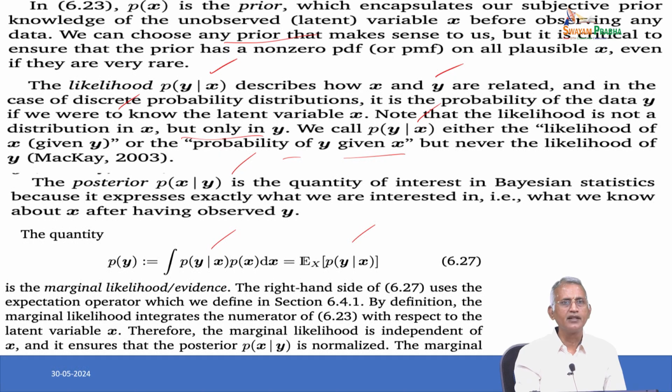The right-hand side uses the expectation operator, which we define in the section. By definition, the marginal likelihood integrates the numerator with respect to the latent variable x. Therefore, the marginal likelihood is independent of x. It ensures that the posterior P(x|y) is normalized.